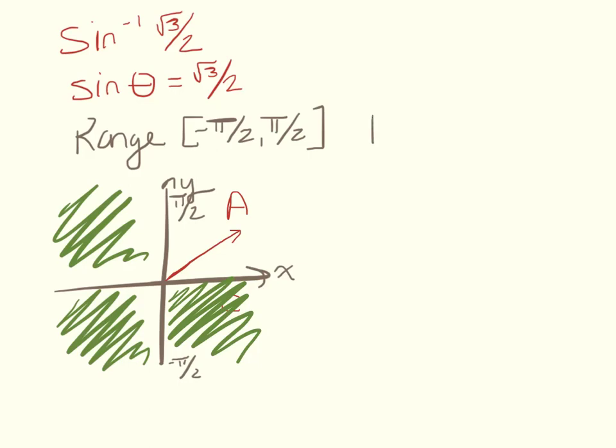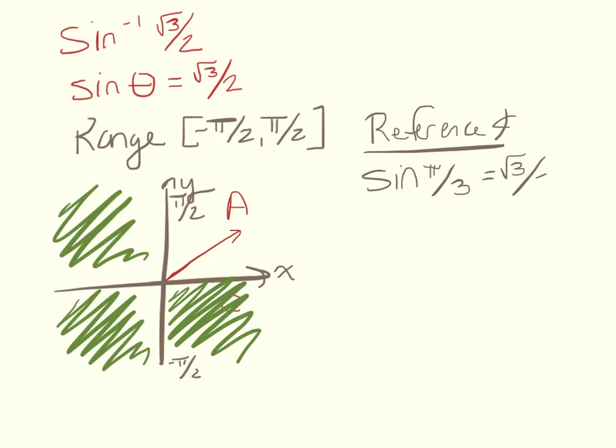Now, let's think about the reference angle. So what acute angle has a sine of radical 3 over 2? Well, we know that that has to be pi over 3. So our reference angle is pi over 3.